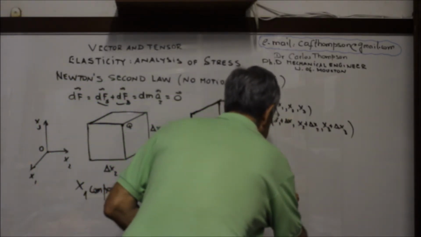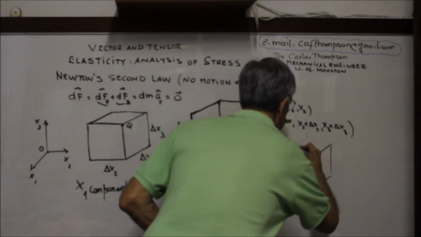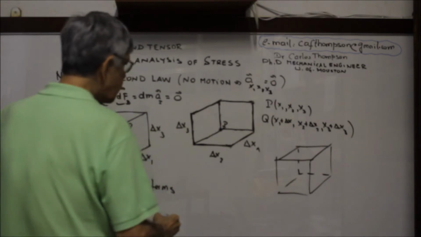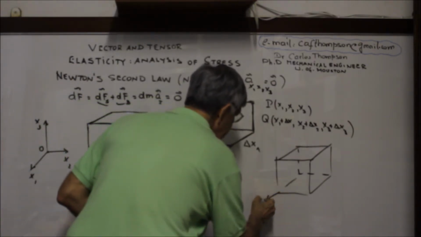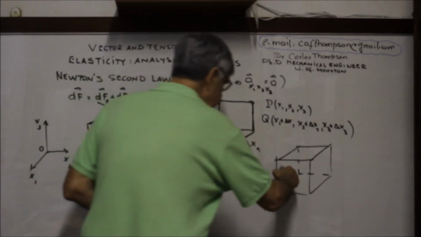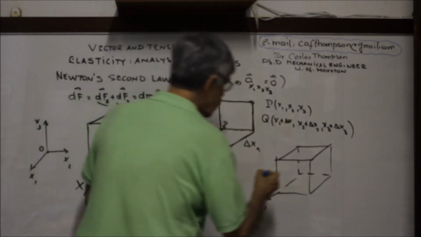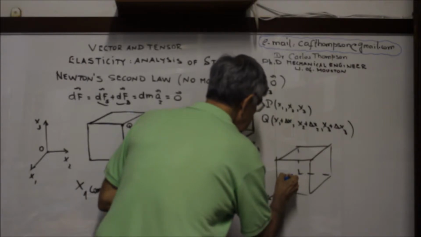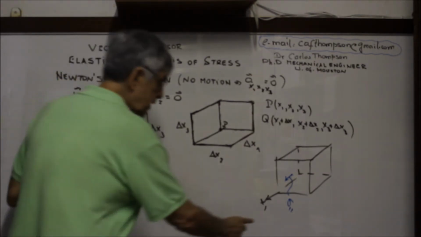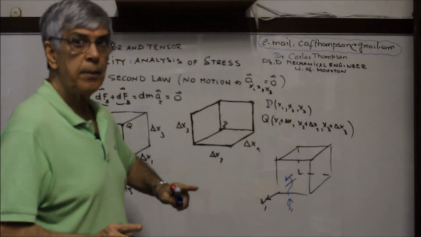So this element here, here's x1, let's put the x1 component. This face in which e1 is normal, the front face here, will be sigma 1,1. Attention now, sigma 1,1 is not force. It is force divided by area.